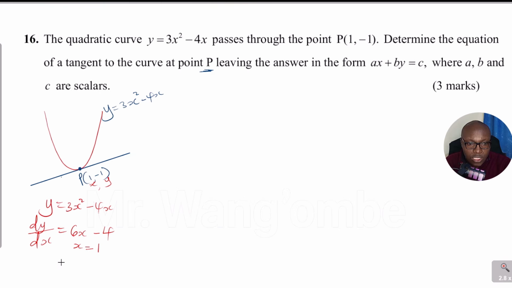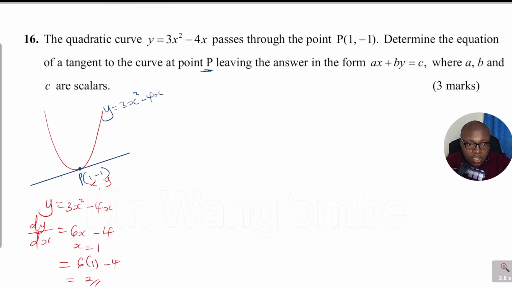The moment we substitute x equals 1 in this gradient function, we get the gradient of the curve at point P, and that will also be the gradient of the tangent. So this will be 6 times 1, subtract 4. I'm sorry, x is 1, then subtract 4, and this gives 2.